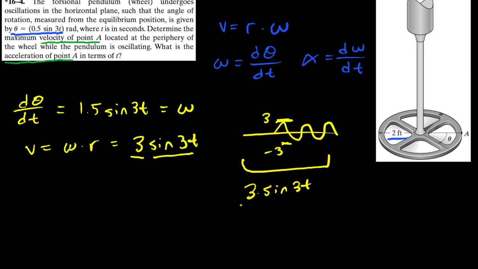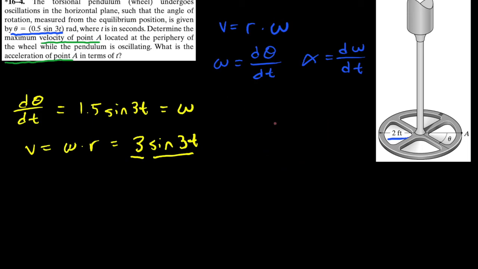That's the whole point: the sine always has a value from -1 to 1. Therefore, we conclude that Vmax is equal to 3 feet per second.